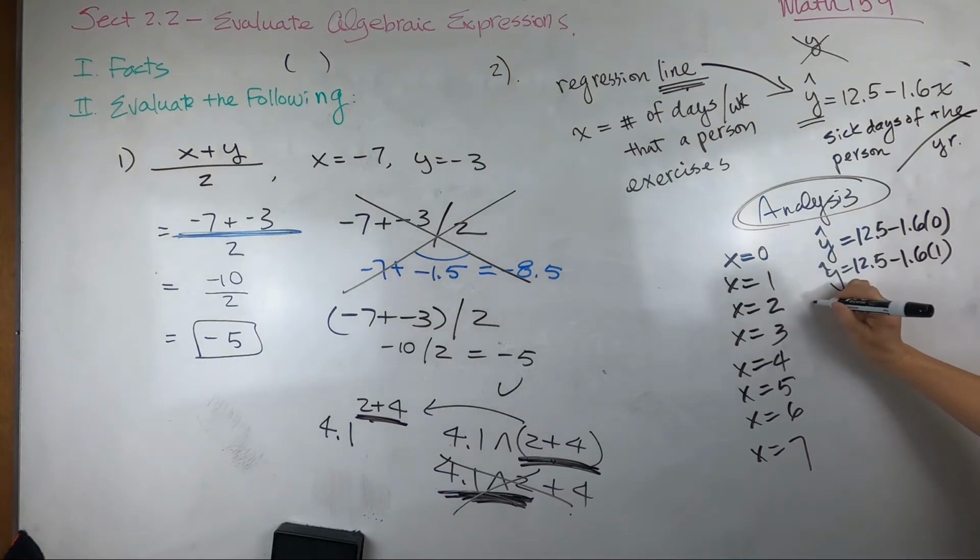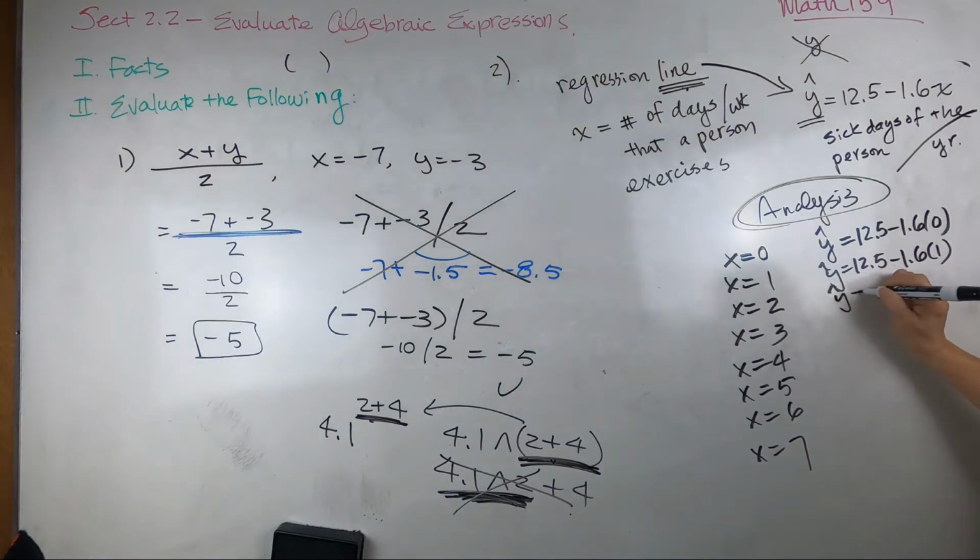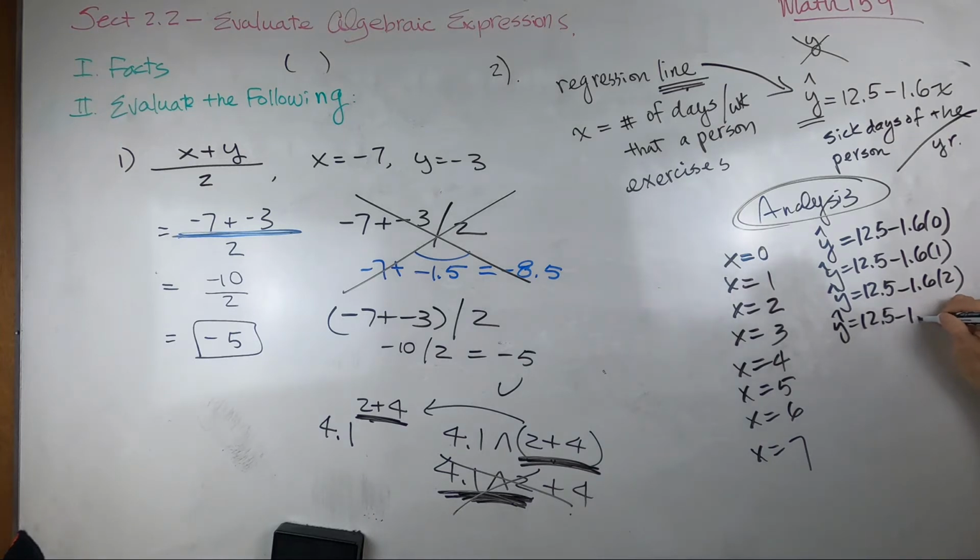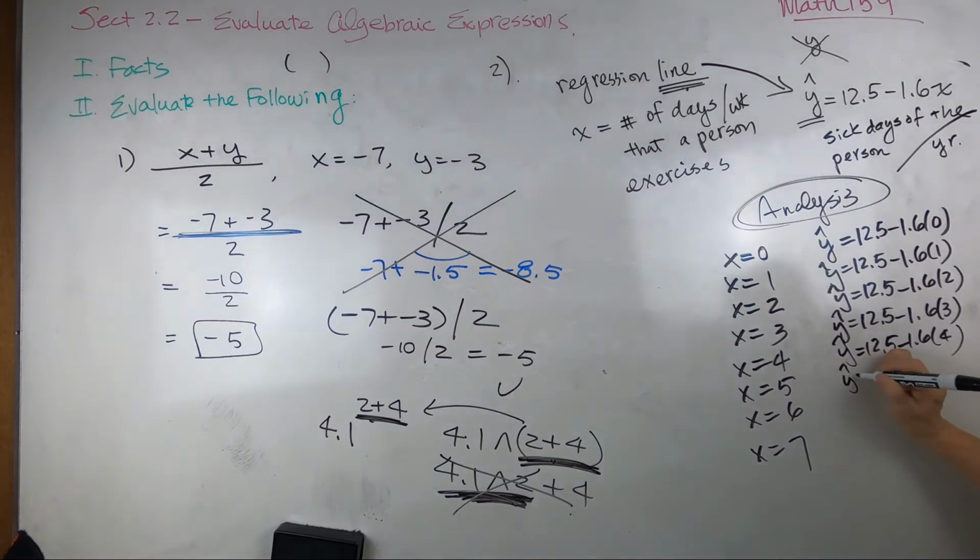I just spelled it out for you, so you can see what that y hat means. Then y hat is 12.5 minus 1.6 times 5.